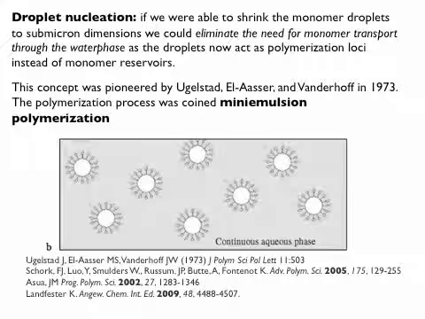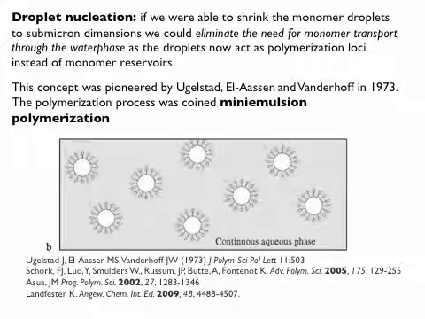So effectively what you've got is tiny little droplets that are stabilized by surfactants, and each little droplet is your mini reactor, and you can do any chemistry in there you like. In this particular case, these guys did a polymer reaction.